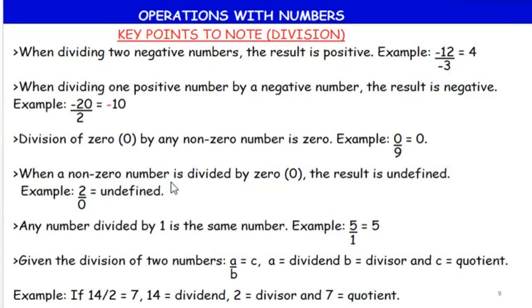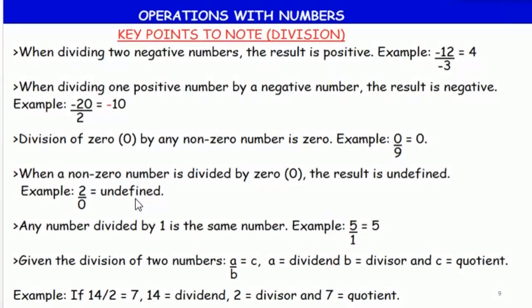When a non-zero number is divided by 0, the result is undefined. For example, 2 divided by 0 is undefined. So long as 0 is the denominator, we cannot find an answer for it.